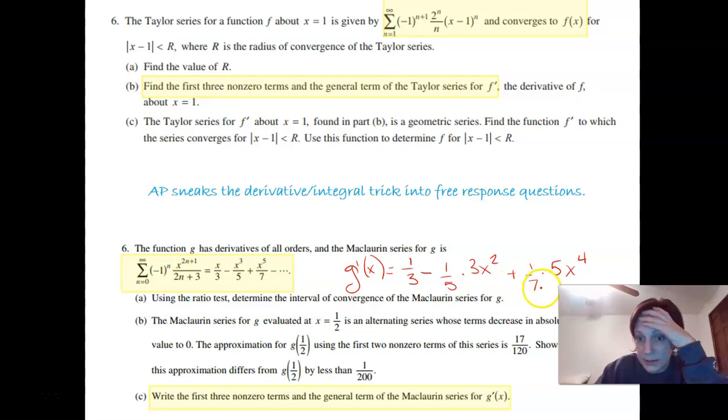Notice the bottom is consecutive odd numbers. So I can use like a 2n plus 1 for my denominator. As long as I start at n equals 1, that will give me my first denominator of 3, my second denominator will be 5, my third denominator will be 7.